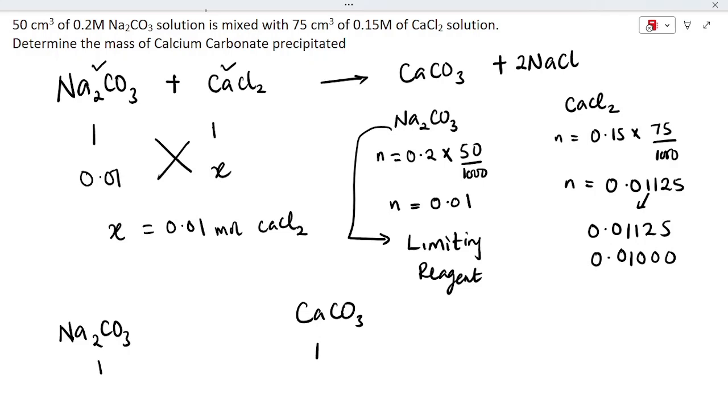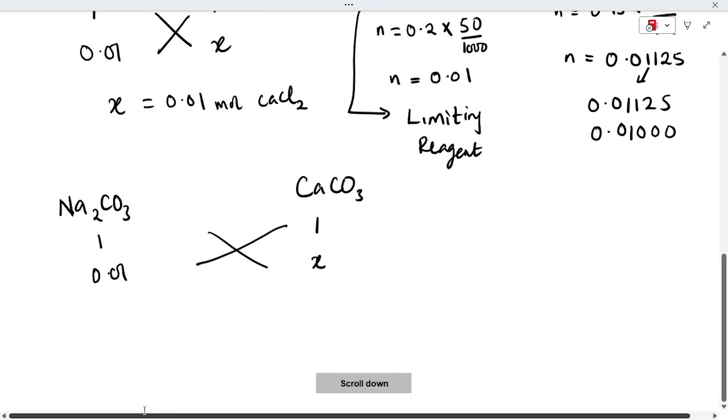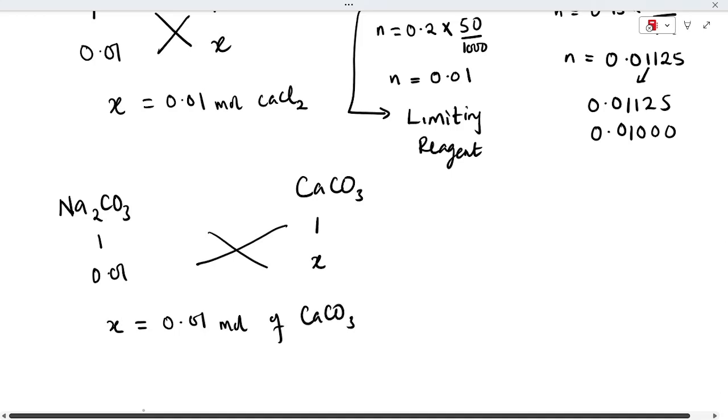That means it must be exhausted. It was 0.01. 0.01, we produce how much of calcium carbonate. And when you cross multiply, you simply have that X times 1 is X equals 0.01 times 1. We have 0.01 moles of calcium carbonate. So that means that the number of moles of calcium carbonate that will be produced is 0.01.